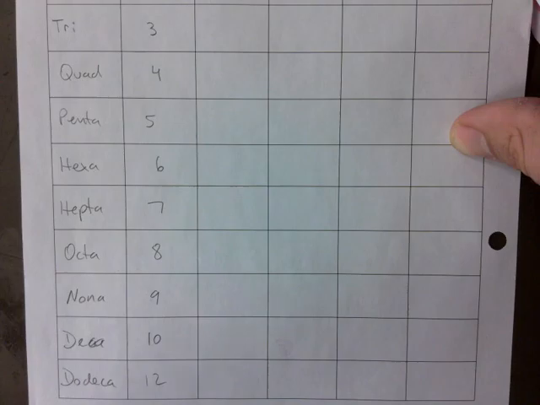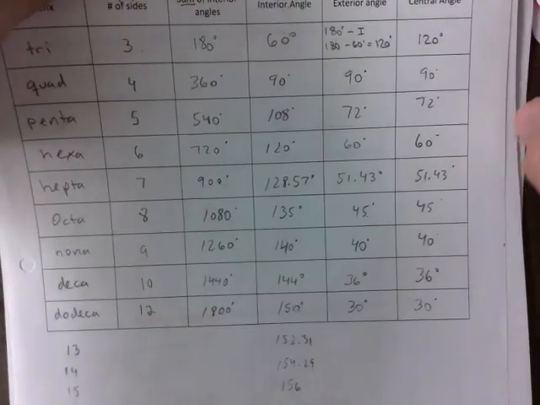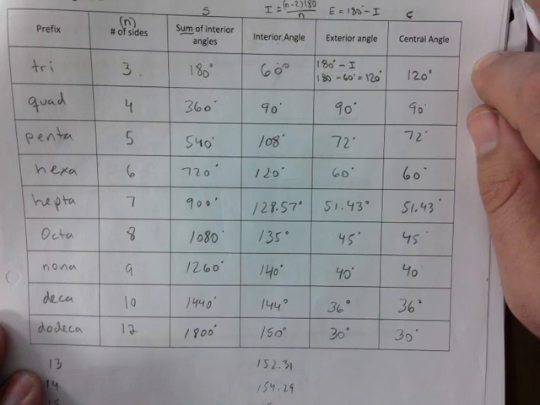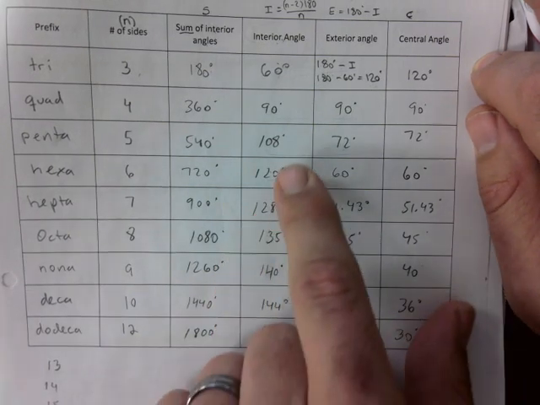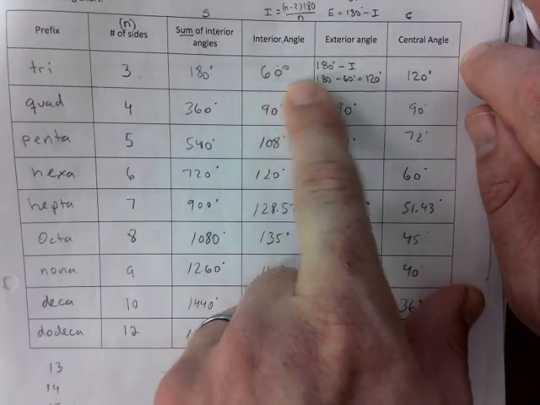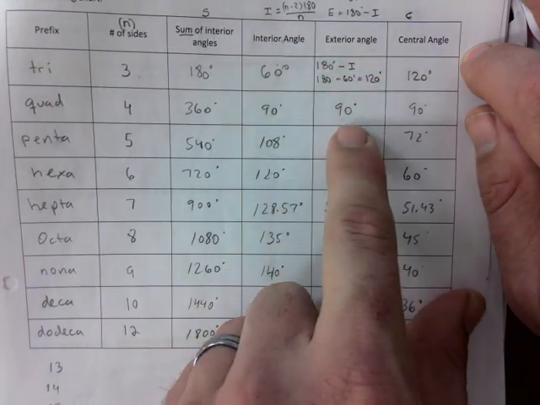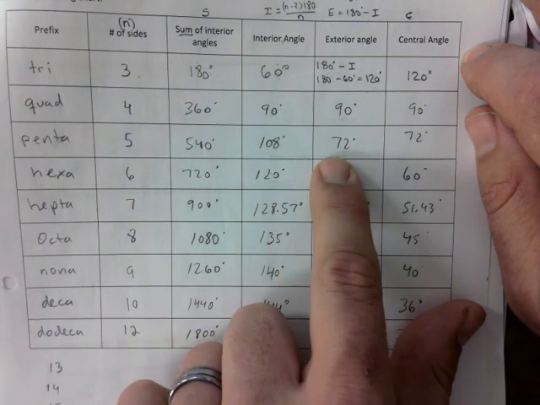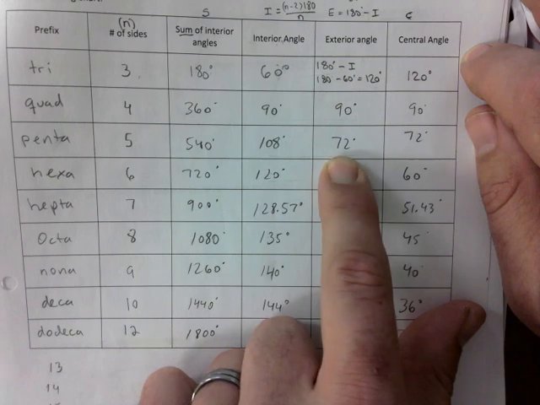So this is what it looks like filled in. I think the biggest part of this is to see that the interior and the exterior angles are always supplementary. 90 and 90 for a quadrilateral, that's 180. Pentagon, we did that earlier, they add up to 180.